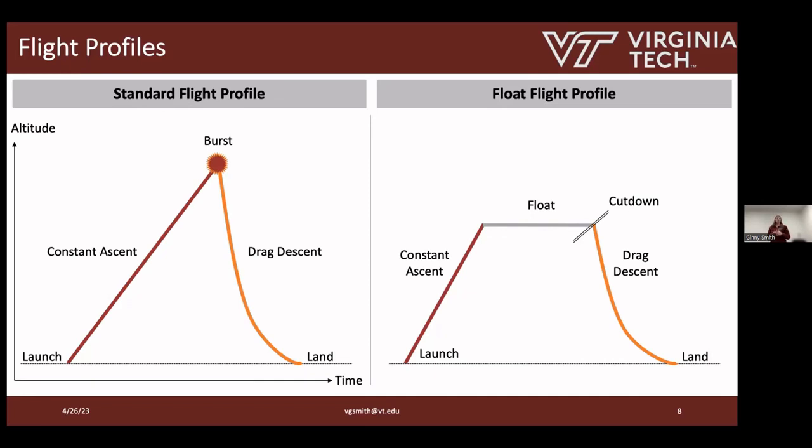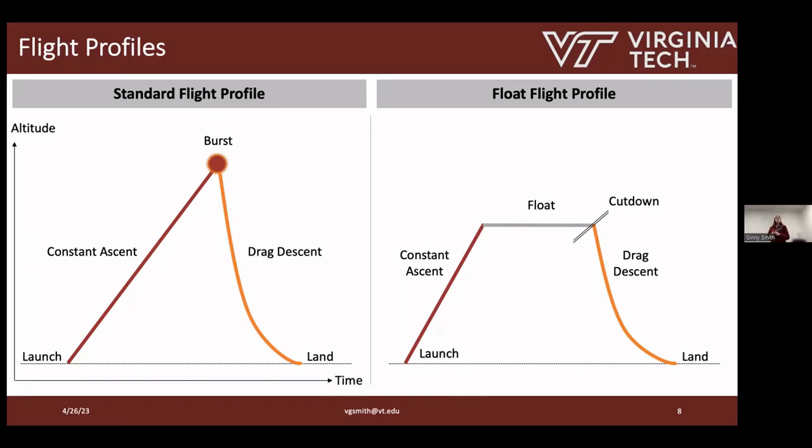On the right-hand side, with the float flight profile, you have a constant ascent until a particular altitude. In the case of this code, you could also do time. But basically it vents out some of the helium and you achieve this constant altitude float until you send a cut down signal to your system, which allows the flight string to separate from the balloon and descend under that same drag descent model. Typically your float is going to be at a lower altitude than the burst.